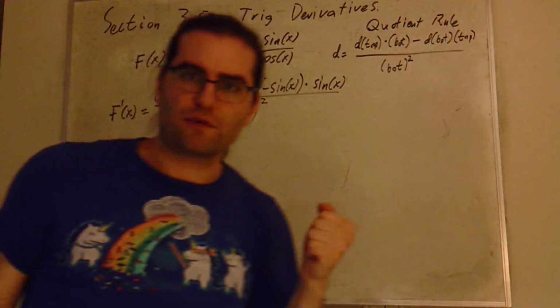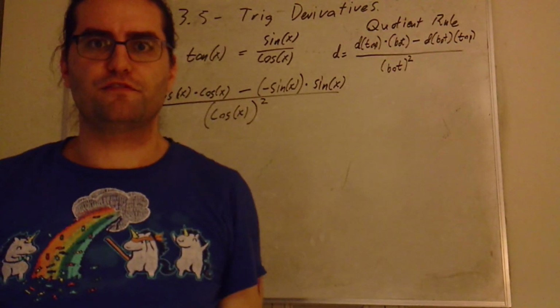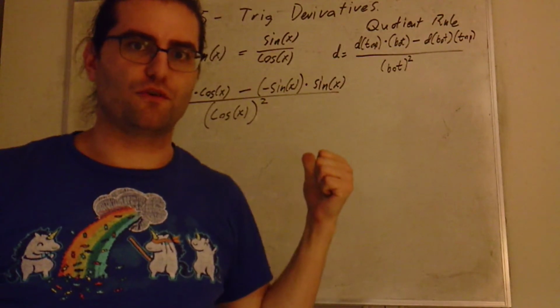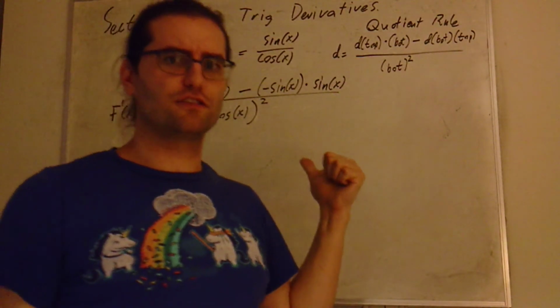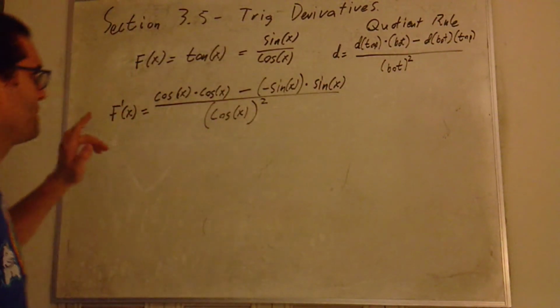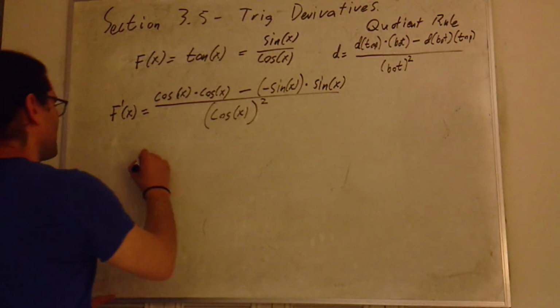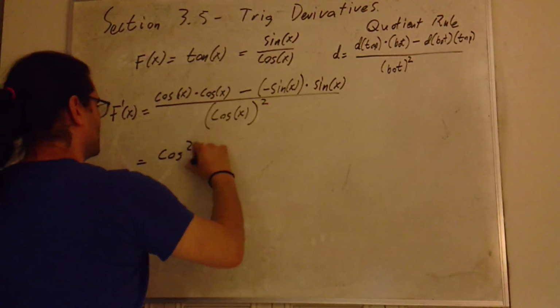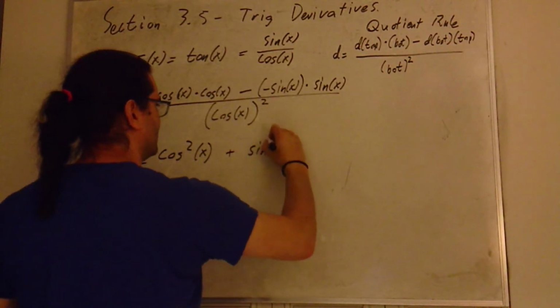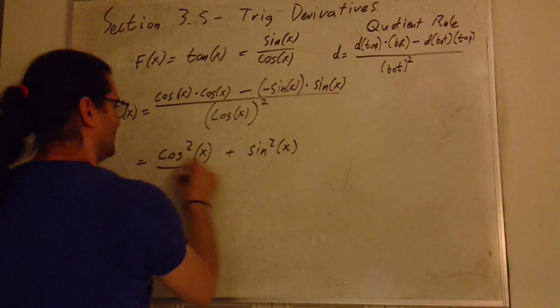Remember when I talked about the quotient rule and I said never ever simplify? That was good advice, but I'm going to ignore it here. We're going to simplify this. Turns out this cleans up really nicely. This is cosine squared. This is plus sine squared.